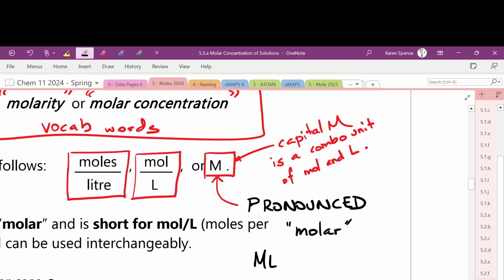And you guys should be able to tell me what it means now because it's right beside it. Moles per liter. So capital M is equal to moles per liter.